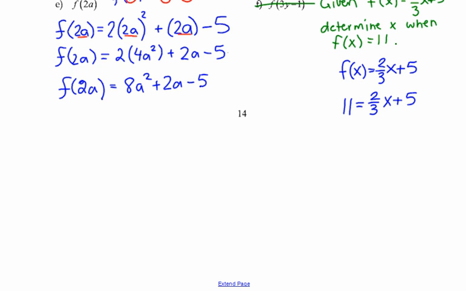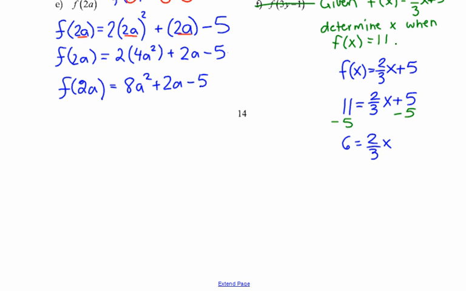So guess what we're going to have to do? Algebra. Paul, first step. Minus 5. What is 11 take away 5? 6. 6 equals 2/3 x. Okay, so instead of dividing both sides by 2/3, let's just get rid of the fraction first. How do I get rid of the fraction?